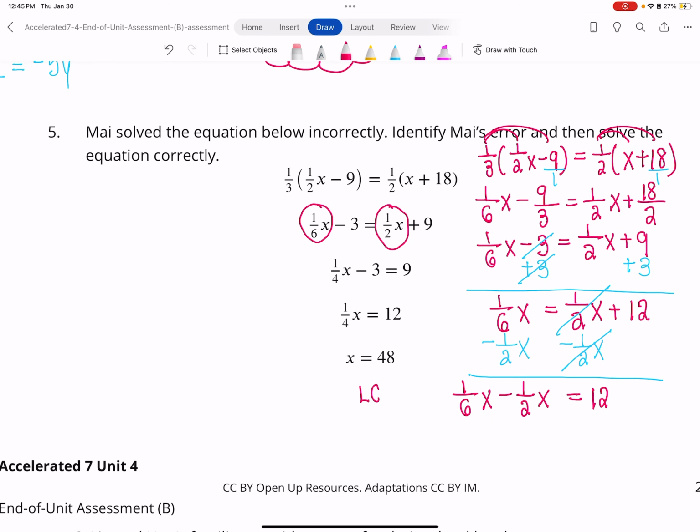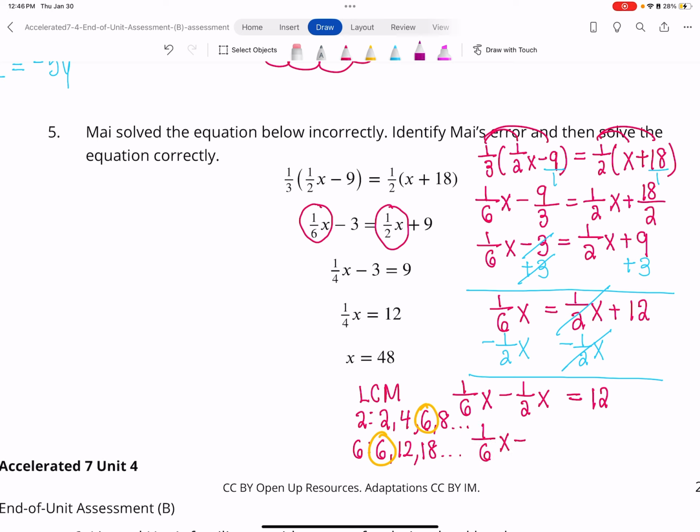or you can think of it as least common multiple, between 2 and 6, so that we can get some like denominators. So we have 2, 4, 6, 8 continues on for the multiples of 2. And for 6, we have 6, 12, 18, and continues on. But I already see here that they have 6 in common. So what I'm going to do is leave that 1/6x alone.